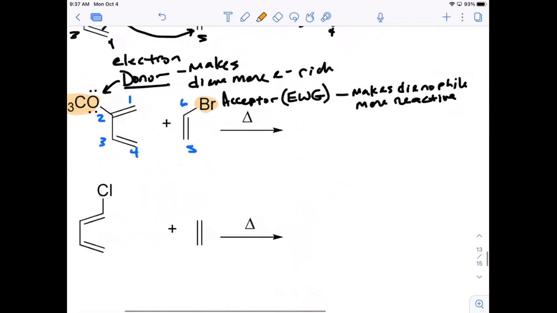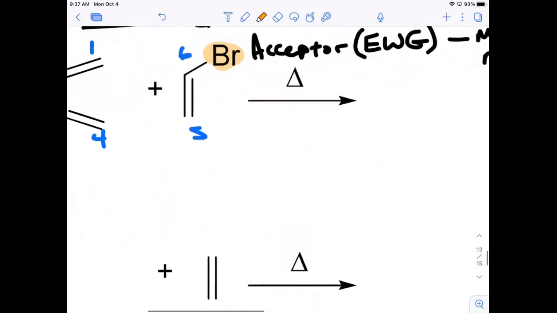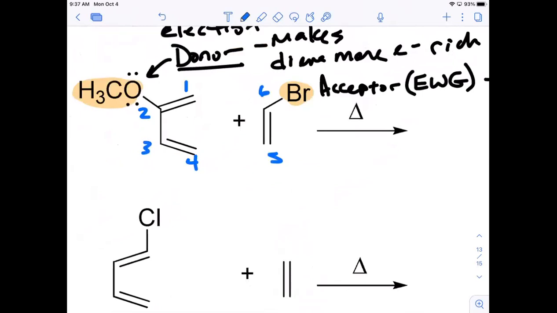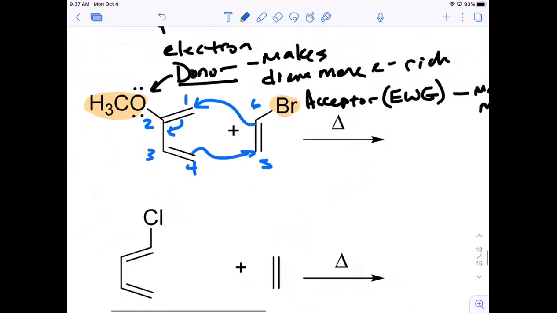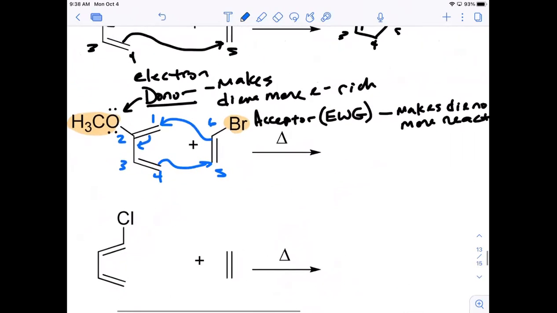All right, so what's my product going to look like, and where are my arrows going to go? Are the arrows going to be different because it's a different problem? No, same mechanism, right? We're going to push electrons here, here, and here. So we're going to get a 6-membered ring.